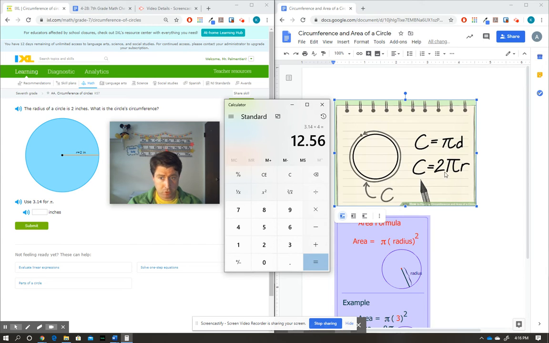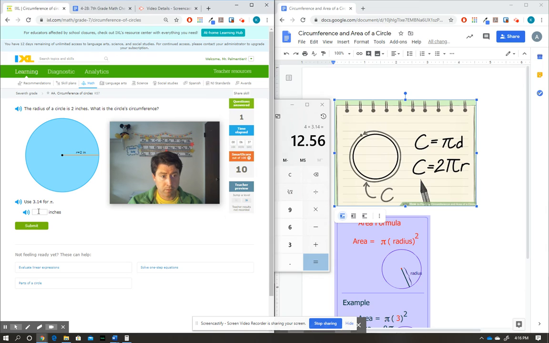You don't have to do 2 times pi first because of what we call the commutative property. It doesn't matter what order you multiply your numbers in because you're still going to get the same answer. So I'm going to do 2 times the radius of 2, which is 4, and then 4 times 3.14. So I get 12.56.